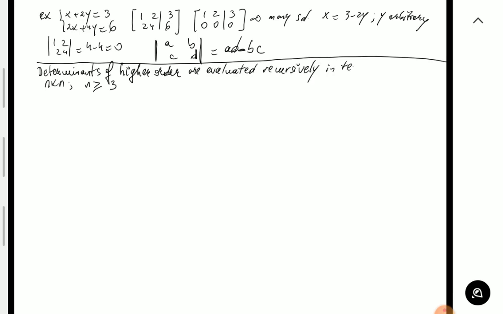in terms of lower order determinants. It's done using the so-called cofactor expansion, which I'll explain in a minute. But basically the main idea is this.